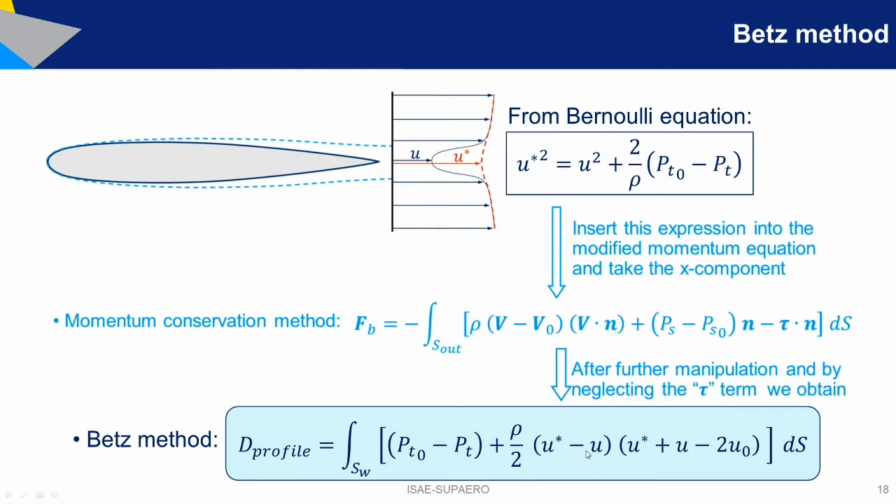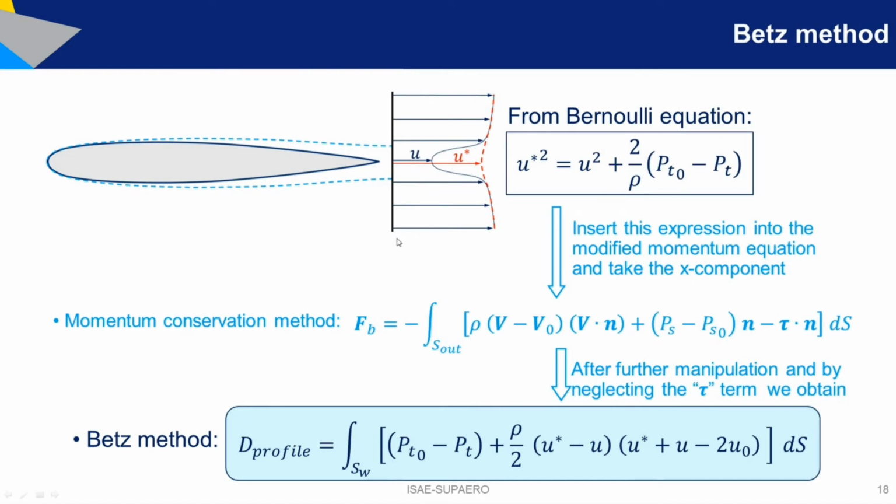But you also have a velocity deficit. The difference between U star and U basically is this distance here, is the velocity deficit across the wake, is this part here. So this term is basically the velocity deficit, so it also generates drag. There are two sources of drag: the total pressure that you lost inside the boundary layer, but also the velocity deficit that remains across the wake at the Trefftz plane position.